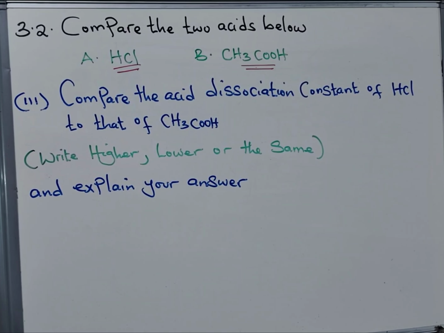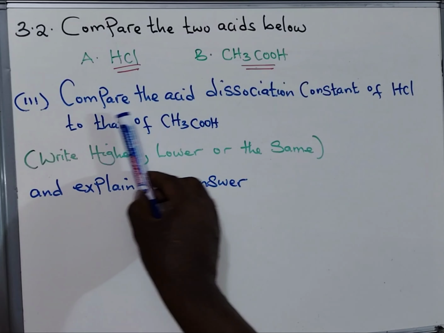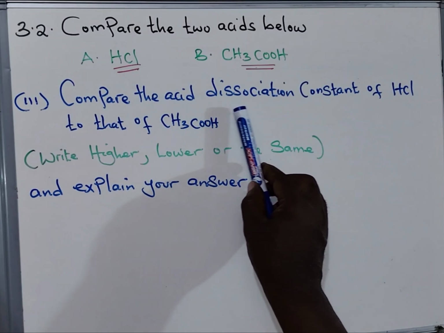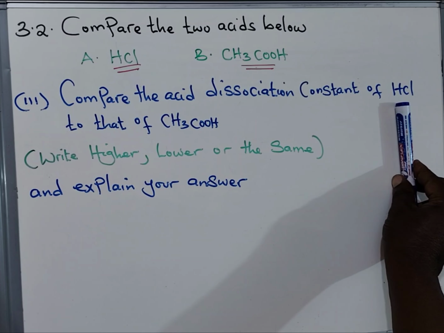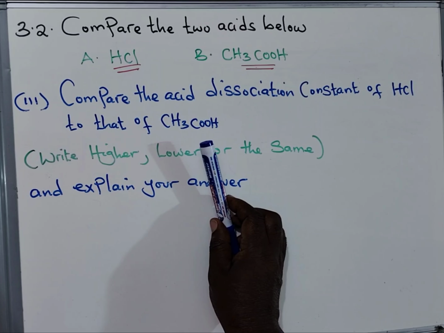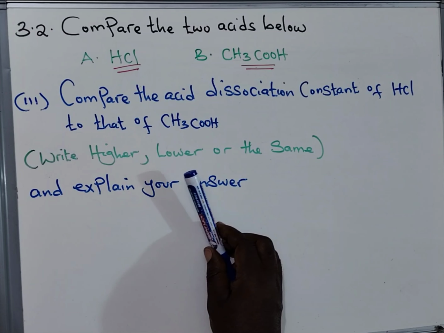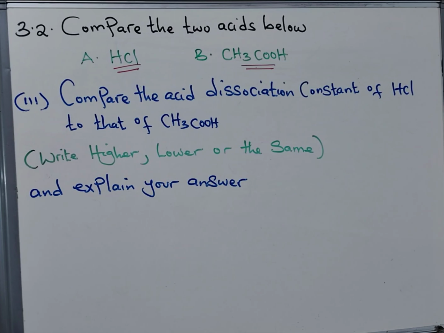Yeah. Then comes this question. It says compare the acid dissociation constant of HCl to that of ethanoic acid. Write higher, lower, or the same. Explain your answer. So what are we doing here?